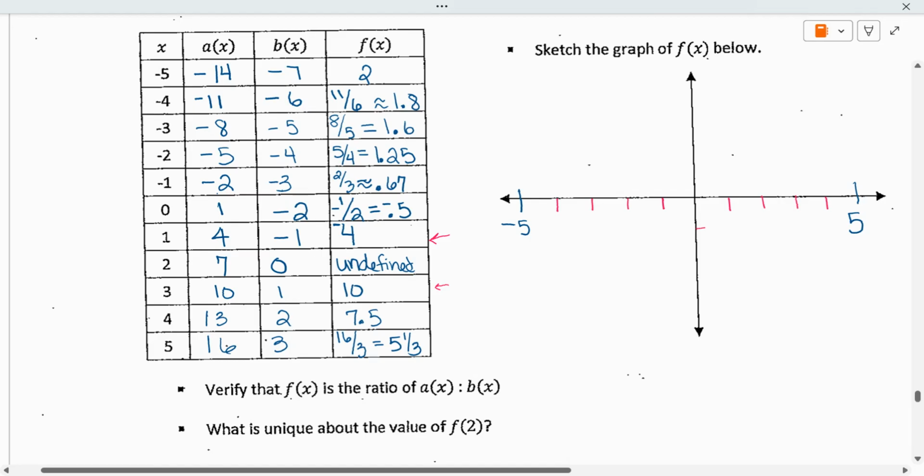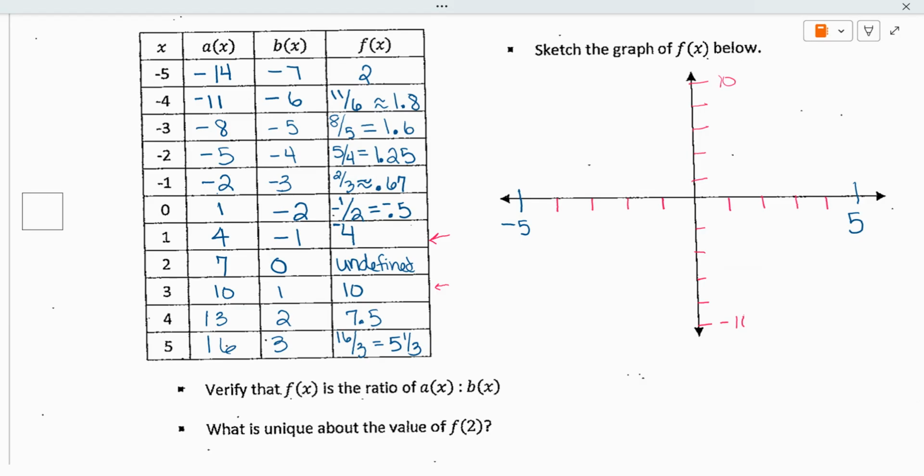So how do I want to count this? I'm going to make this negative 2, negative 4, negative 6, negative 8, negative 10. That's kind of how I'm going to count. Positive 2, 4, 6, 8, 10. So when x is negative 5, my output is positive 2.